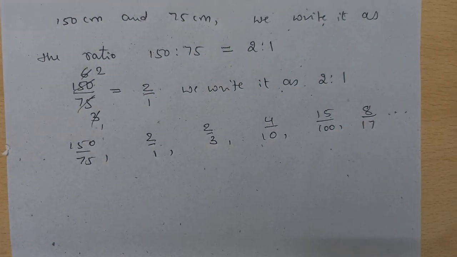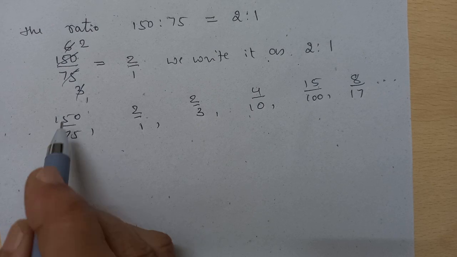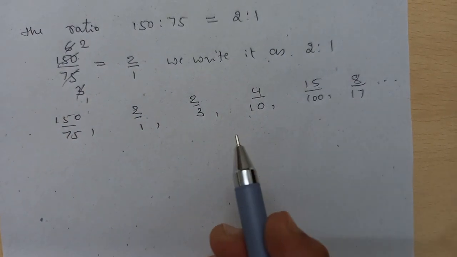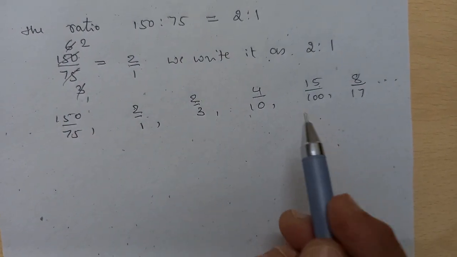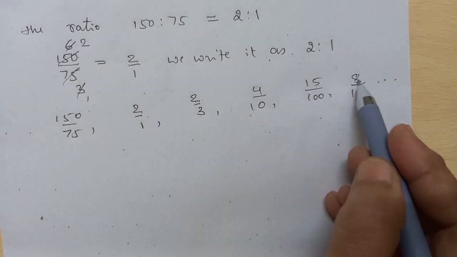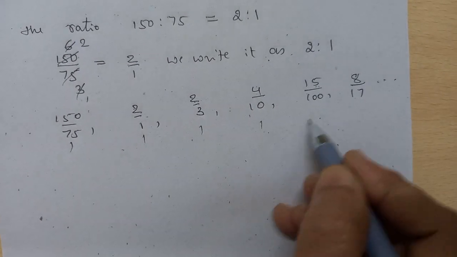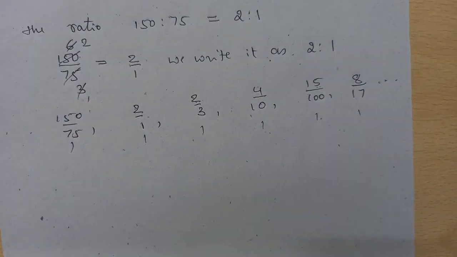So many fractions you can write. Here you can recall that 150 is the numerator, 2 is the numerator, 4 is the numerator, 15 is the numerator, 8 is the numerator. Likewise 75, 1, 3, 10, 100, 17 are all denominators.